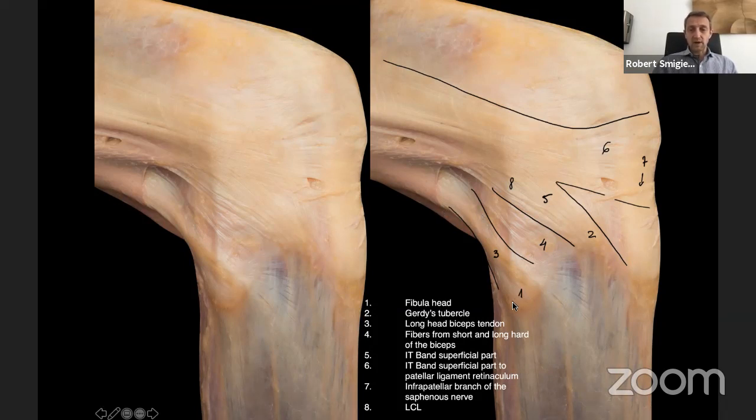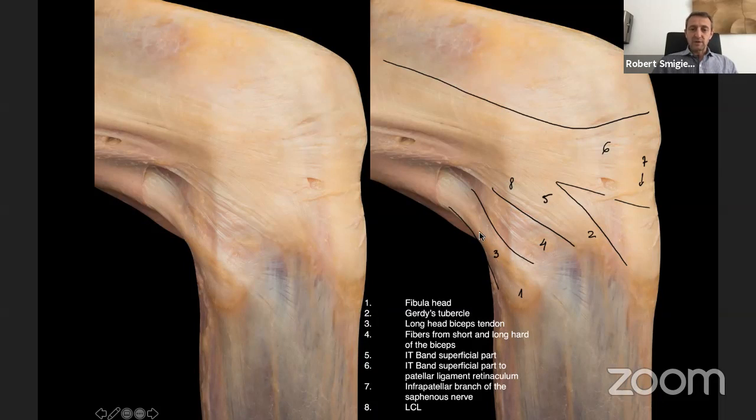Going forward, 1 is the fibula head, 2 is the Gerdes tubercle. This is very important because between 1 and 2, we expect sometimes in this distance the LCL, or the second fracture on the level of the tibial plateau.